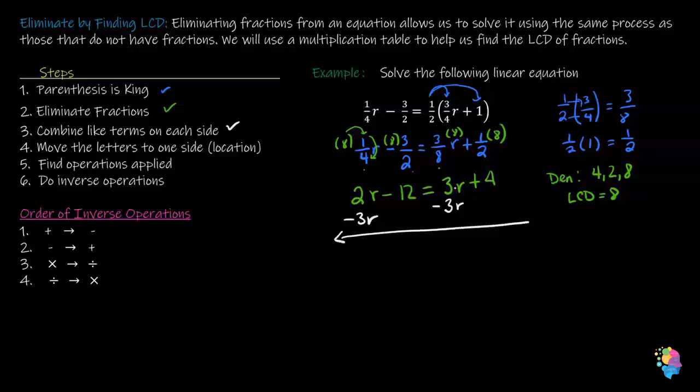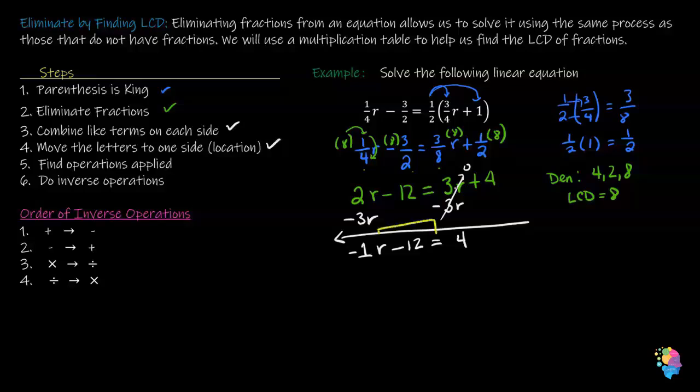So we start subtracting 2r minus 3r. Because they have different signs, I subtract and keep the sign of the largest. So that will become minus 1. Don't lose the variable. Bring down the minus 12. Bring down the equal sign. On the right side, 3r minus 3r, well, that will go to 0. And then I will be left with a 4.